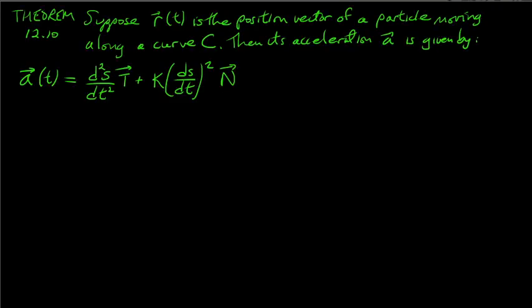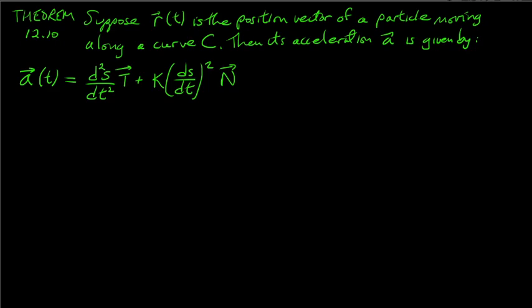Okay, so one final property here. Suppose that we have a vector-valued function r of t, and let's suppose that it actually represents the position of a particle moving along the curve C. So it's a position vector. Then we can calculate its acceleration, a. So a is the acceleration vector, and it can be given by this formula here.